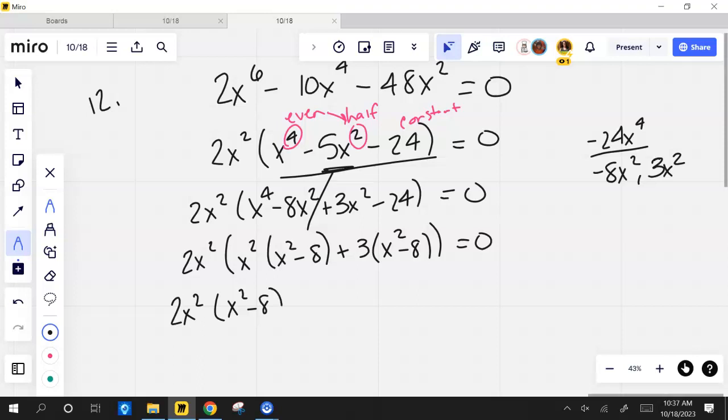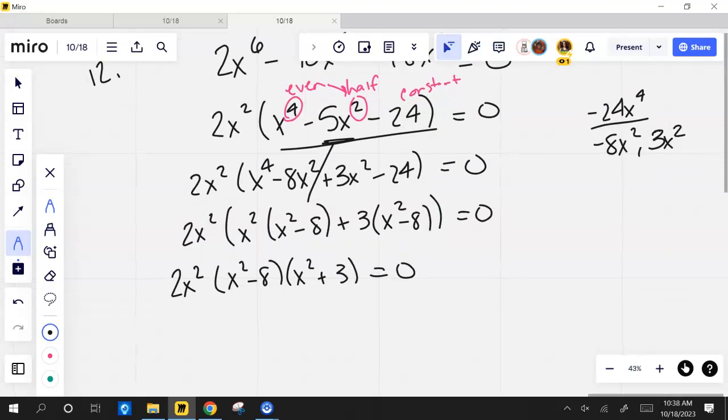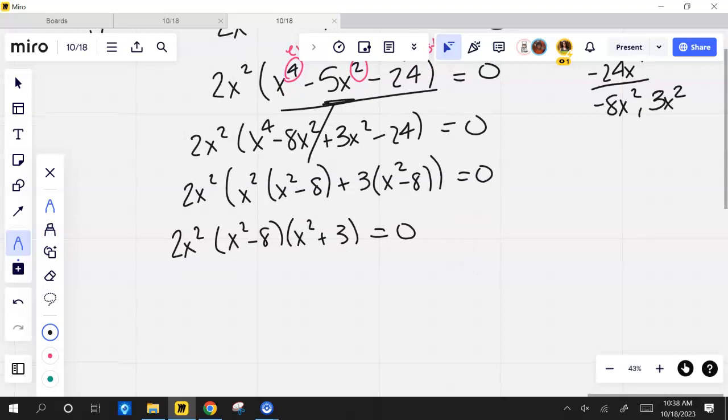I got x squared minus 8, I got x squared plus 3 equals 0. Can I factor any of those pieces any further? No. 8's not a perfect square, and I can never do it if there's a plus in the middle unless it's cubes. So I am ready to set everything to 0.